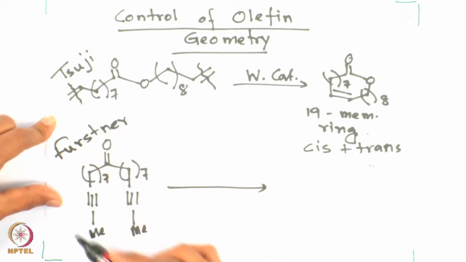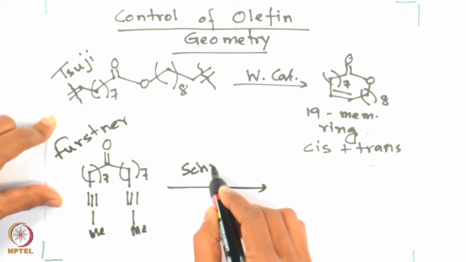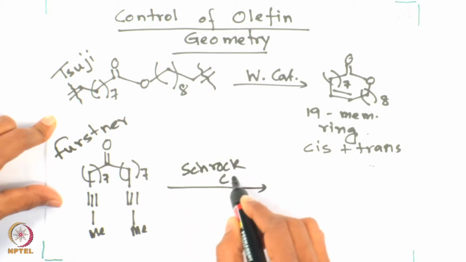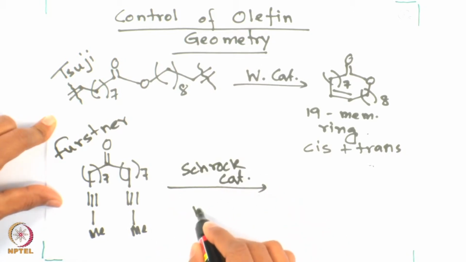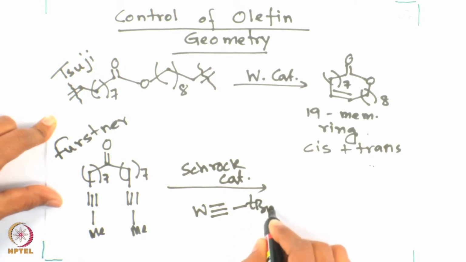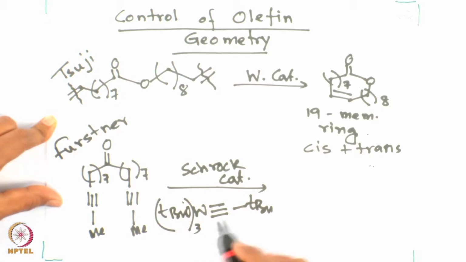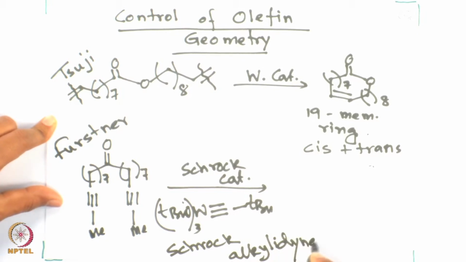now this compound he has synthesized and he has taken the Schrock catalyst, that is the tungsten catalyst with carbyne along with tertiary butoxide 3. This is the tungsten reagent that he has taken, and you can call this a Schrock alkylidyne.